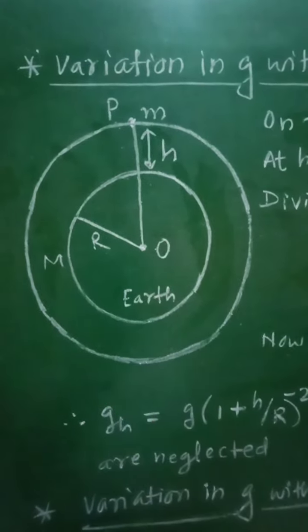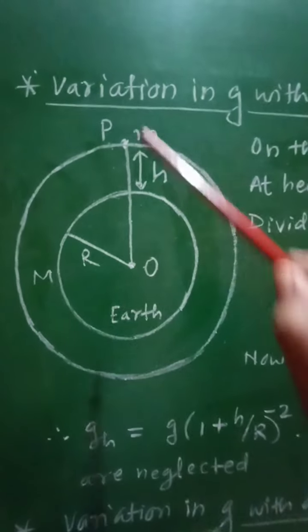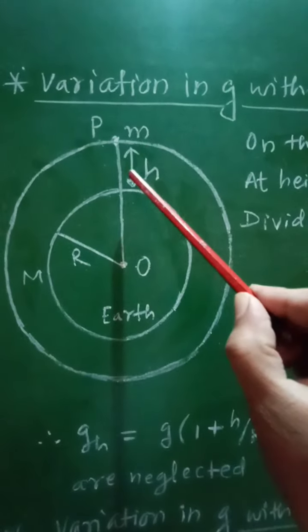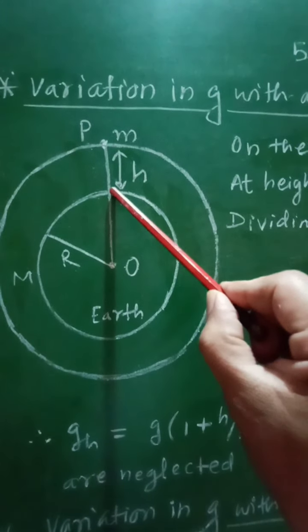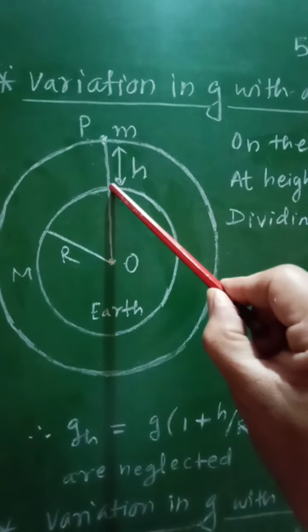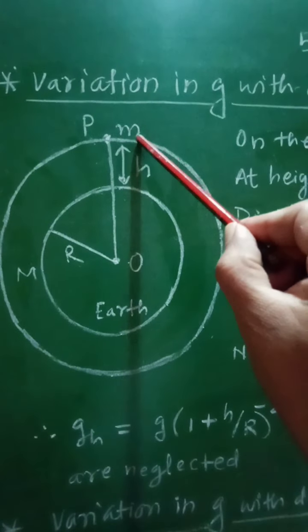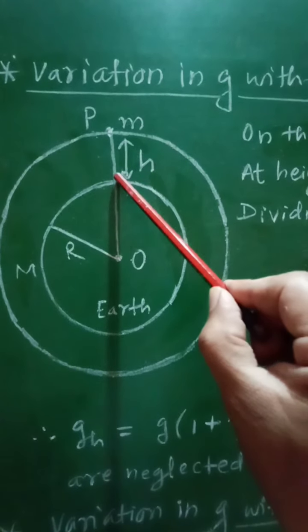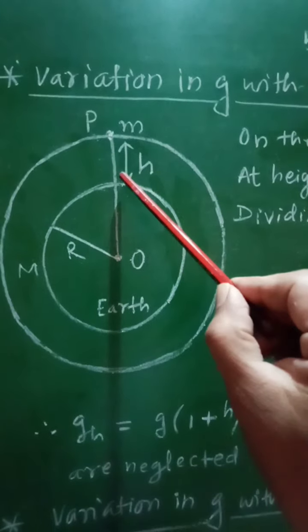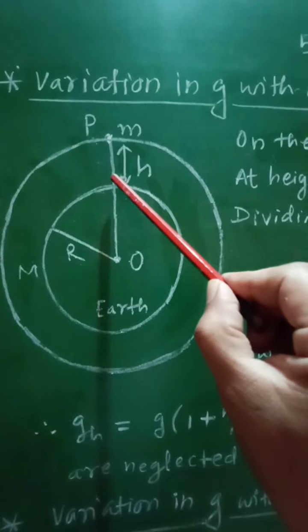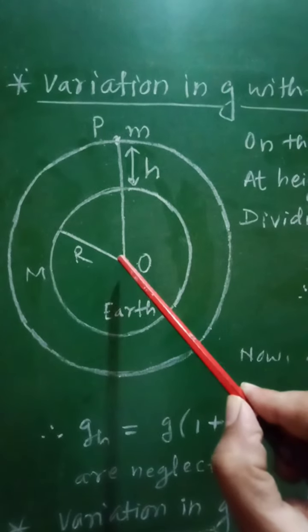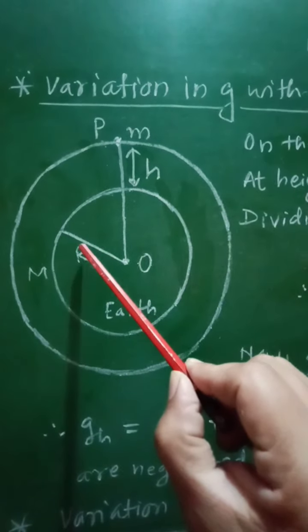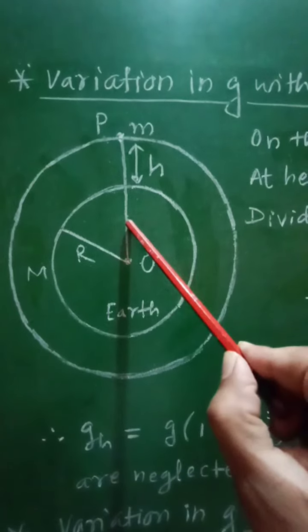Now let us consider a body of mass small m, which is initially placed on the earth's surface at this point. Now when that body of mass m is placed on the earth's surface, then the distance between that body of mass m and the center of the earth will be equal to the radius of the earth, that is equal to r.